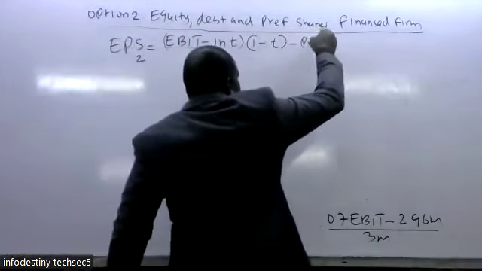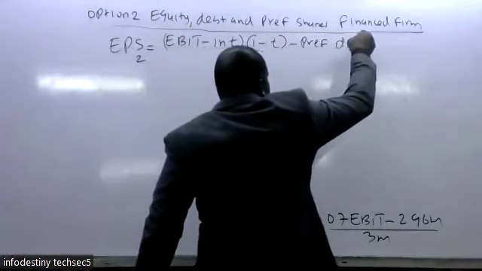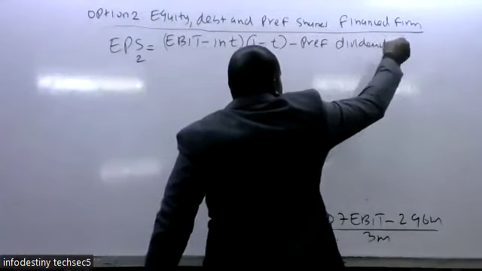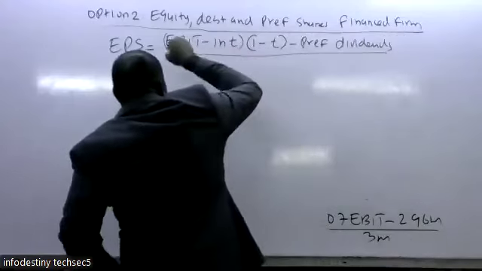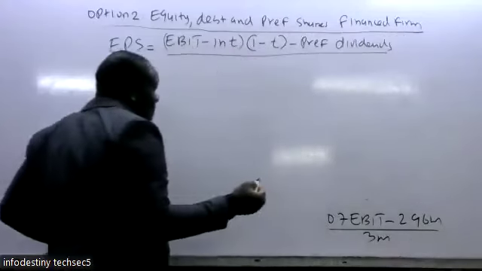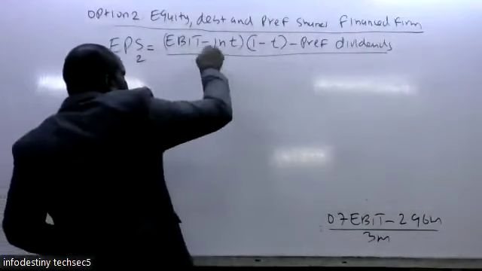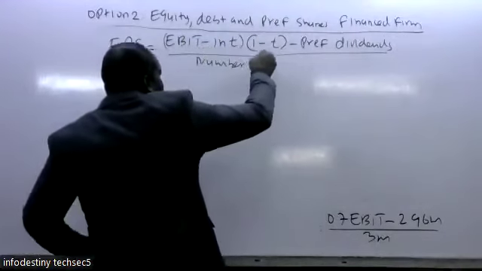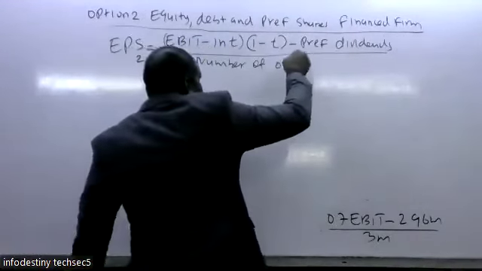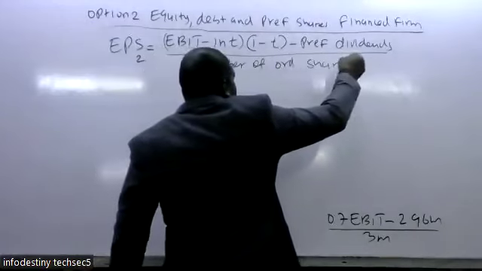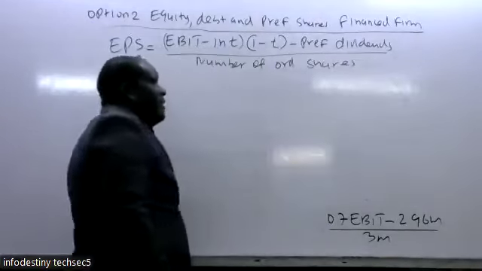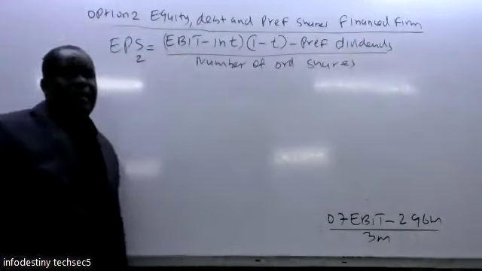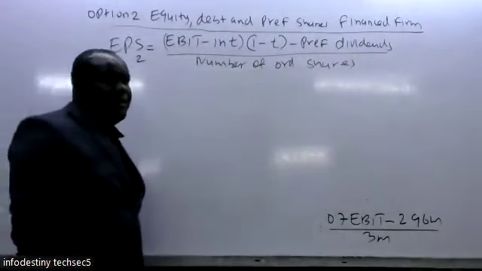Then we subtract the preference dividends. Then we also divide by the number of ordinary shares.